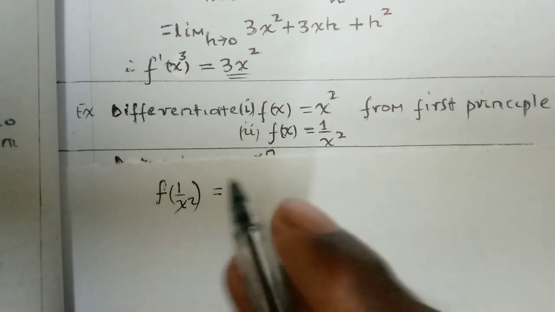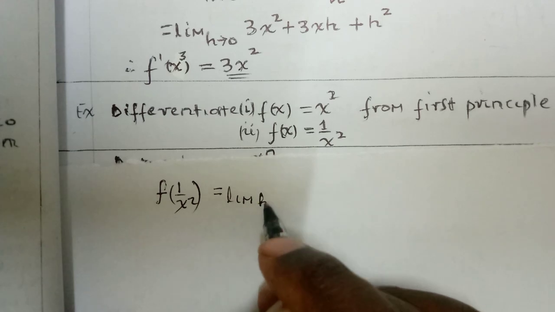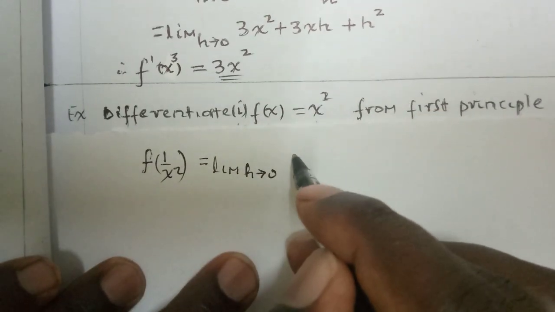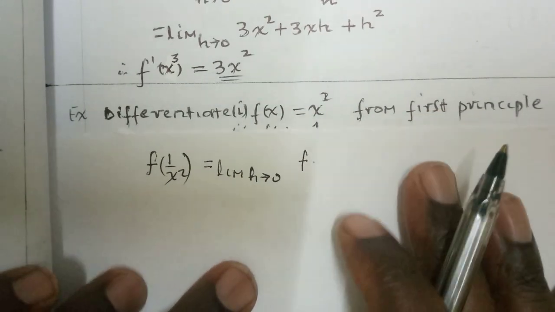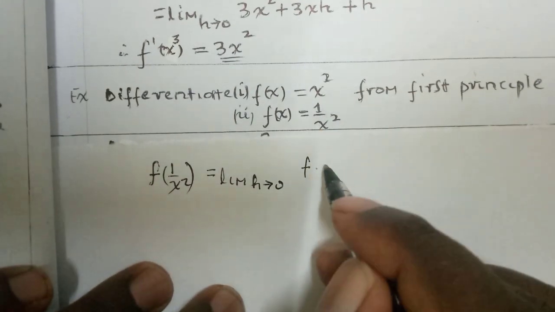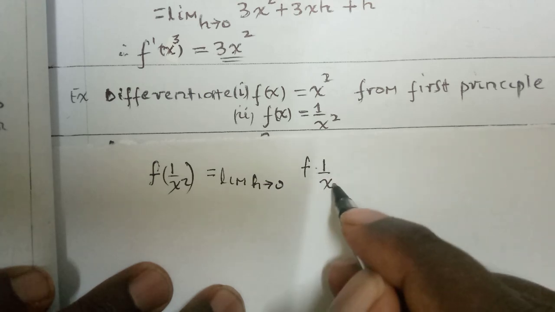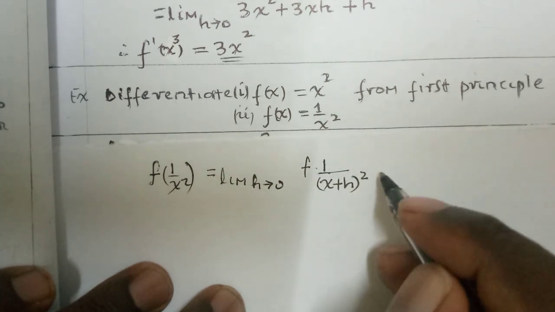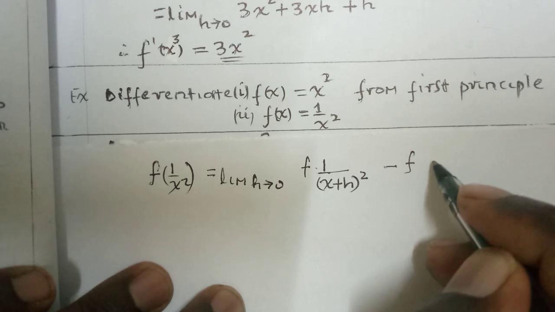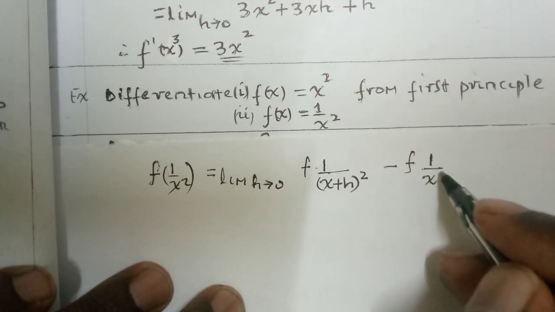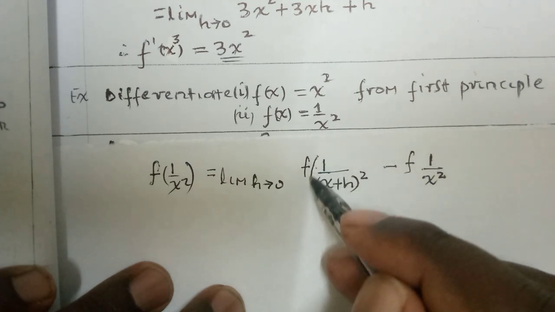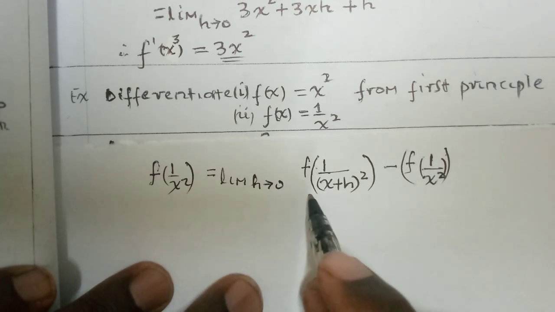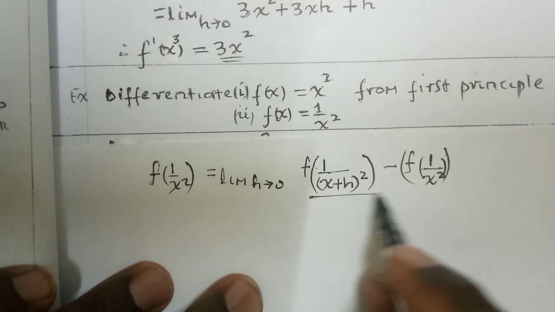This is equal to limit as h tends to 0 of f(1 over (x plus h) squared) minus f(1 over x squared), and then we divide this by h.